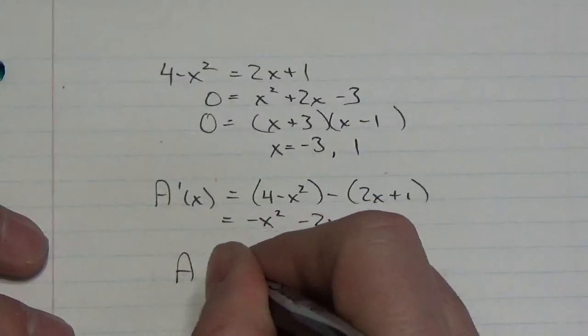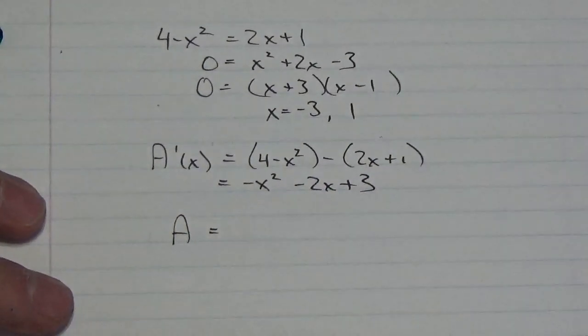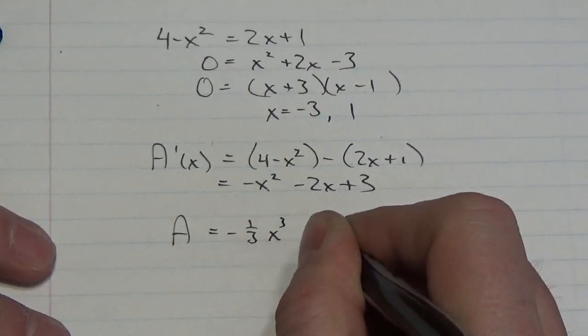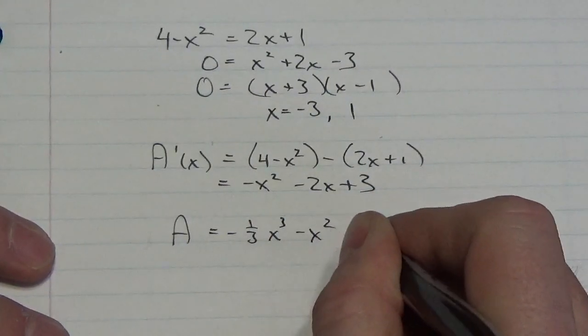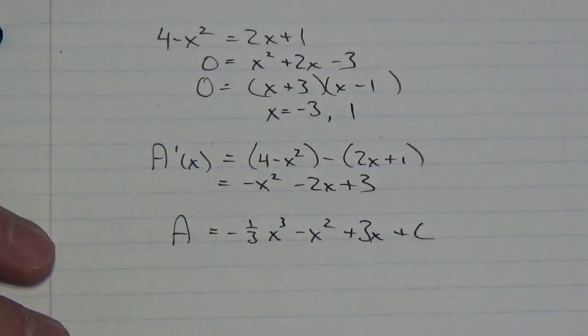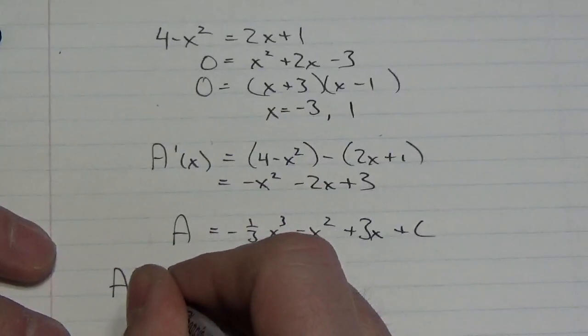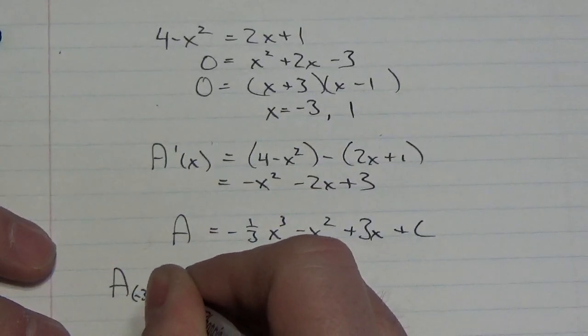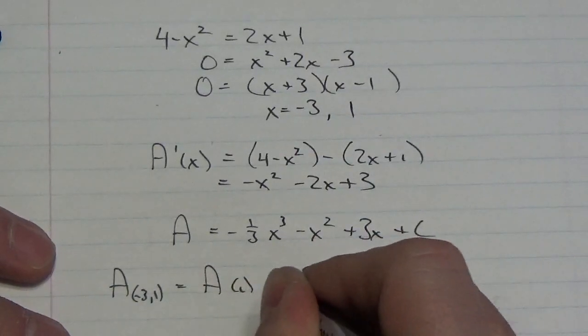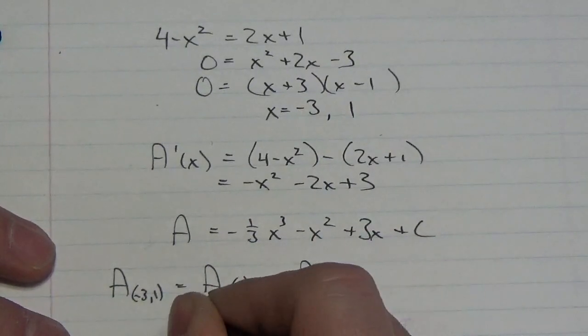And so now when you want to figure out what the area function is, we're just going to take the antiderivative. That is going to be negative 1/3 x cubed minus x squared plus 3x plus c. And now my area from negative 3 to 1 is going to be the area at 1 minus the area at negative 3.